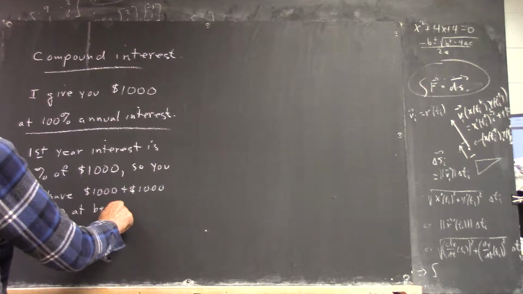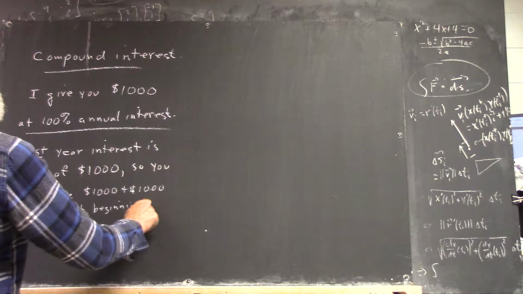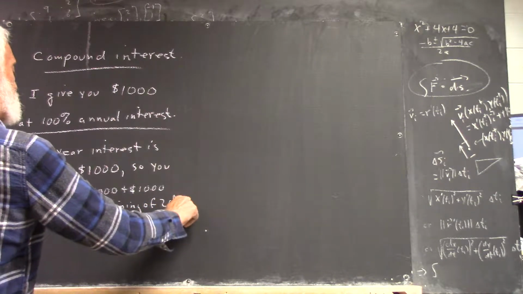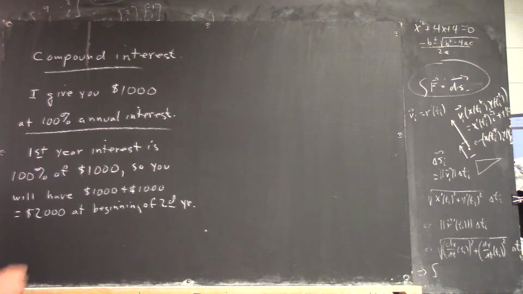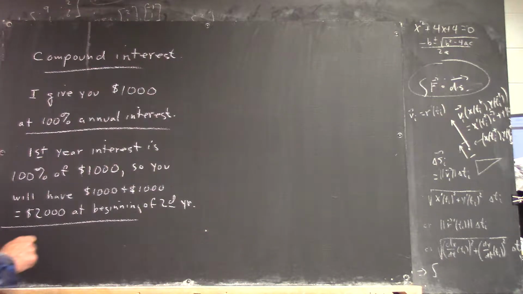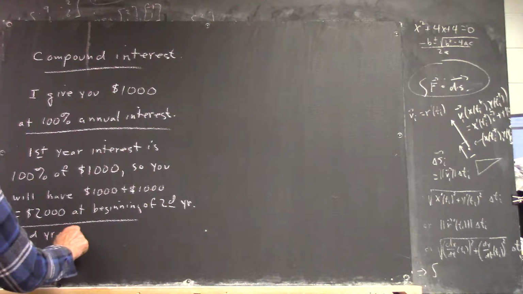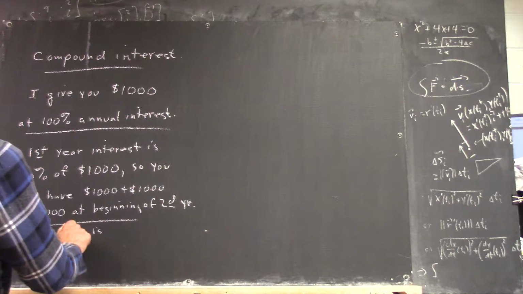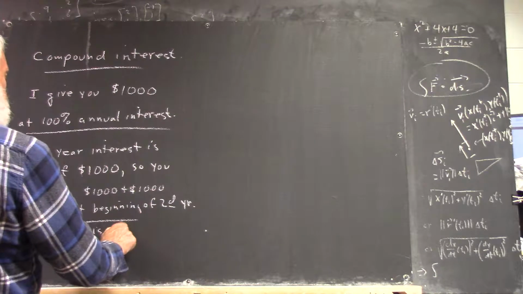At the beginning of your second year, okay? So how much interest are you going to get the second year? 2,000. Not 2,000. 4,000. Second year interest is 100%.